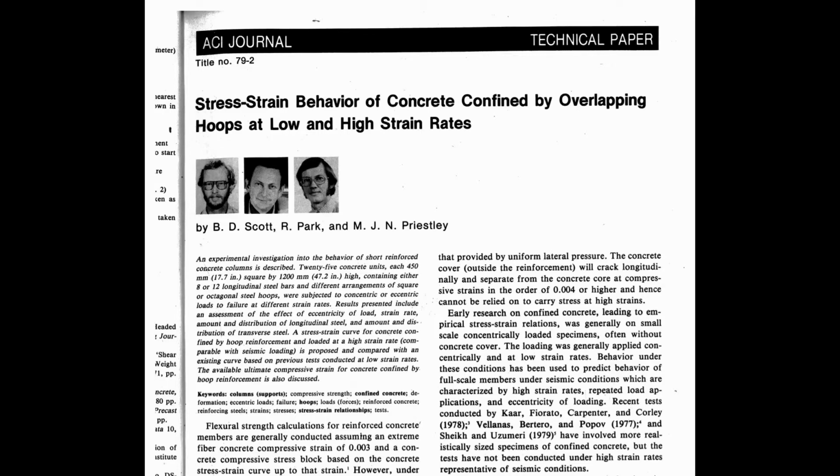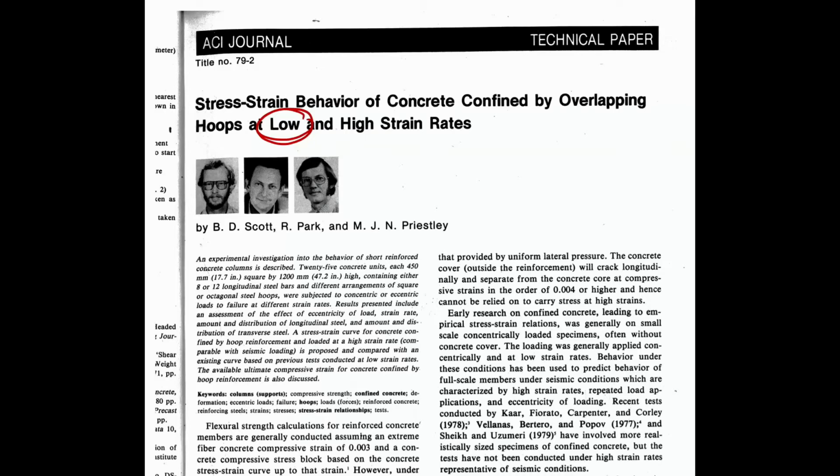You can look into Scott's dissertation that I showed you last time. But anyway, we can look into this one also. This one is from the ACI Journal, Stress Strain Behavior of Concrete Confined by Overlapping Hoops at Low and High Strain Rate. Generally what we are going to use is just the low strain rate.